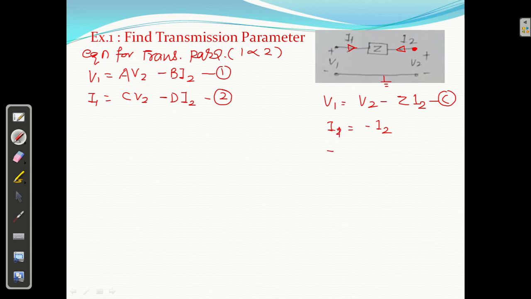So I1 equal to 0 V2 minus 1 I2, we can say equation number D. So if you compare 1 and 2, C and D, compare C and D with the standard equation of transmission parameter.